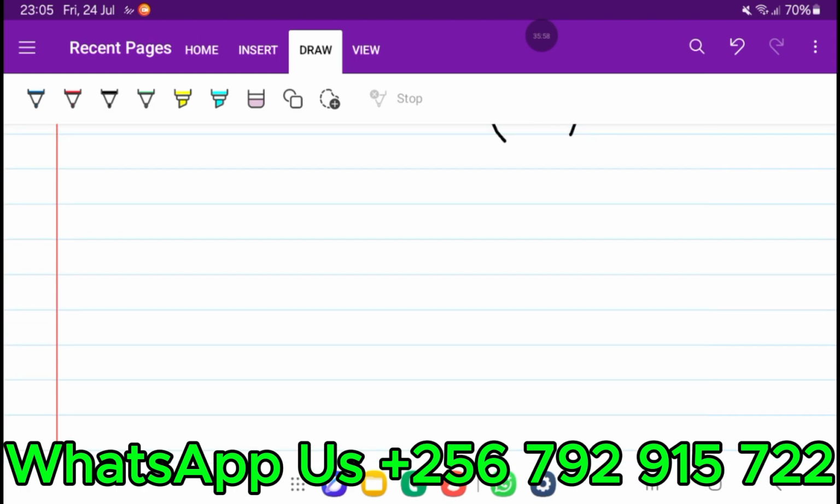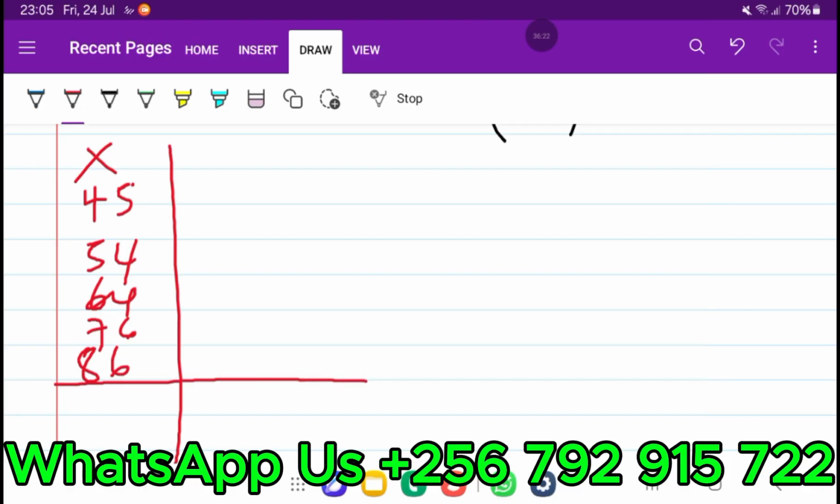These are x values. This is x. We had 45, 54, 64, 76, and then 86. You put it in a table.